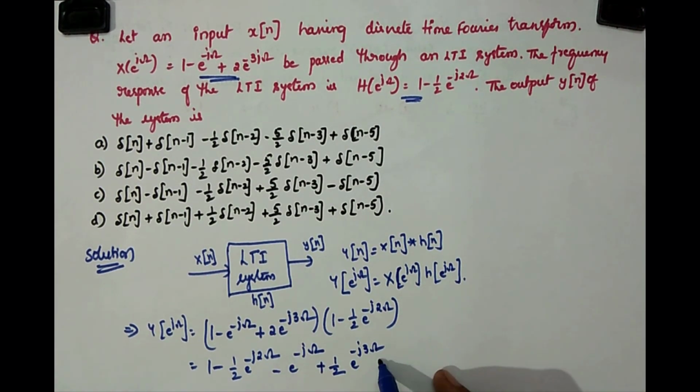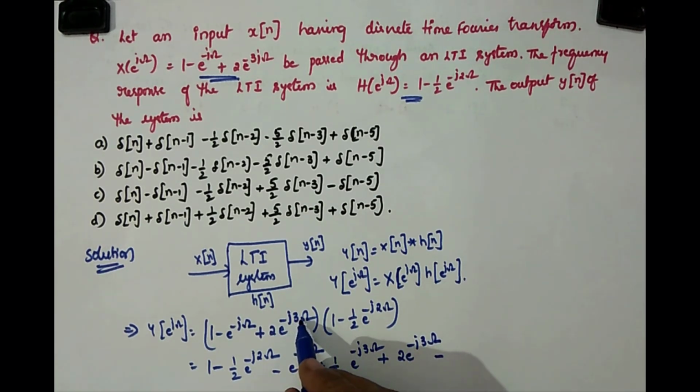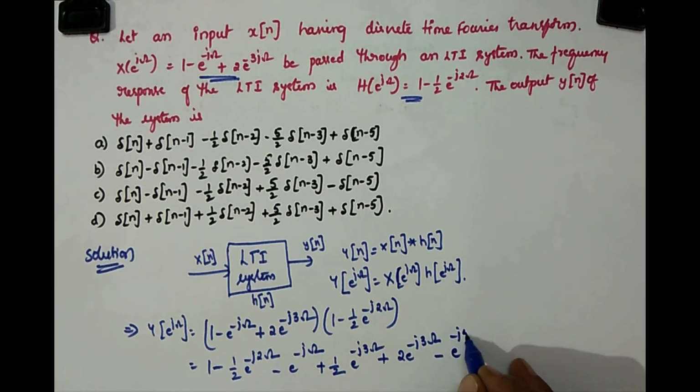For the third term, the first part is 2e^{−j3ω}, and the second part is minus 2 into 1/2, which is −e^{−j3ω} into e^{−j2ω}, that is e^{−j5ω}.